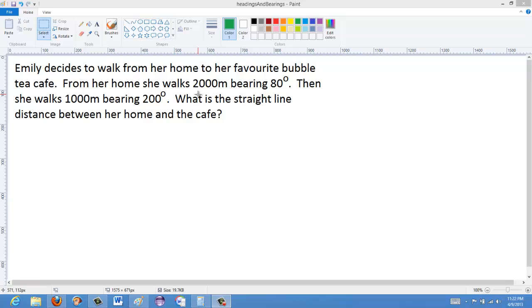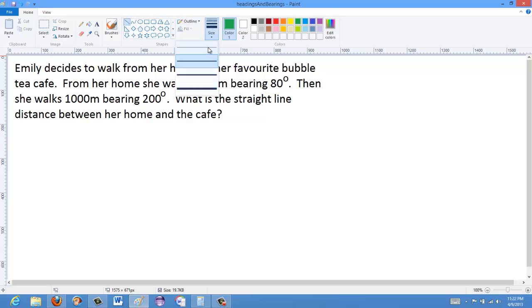And this is a very typical type of example. So what we do is start off by finding the original directions and finding out where she went. We'll start off by drawing a northeast, southwest cross here. Okay, good.